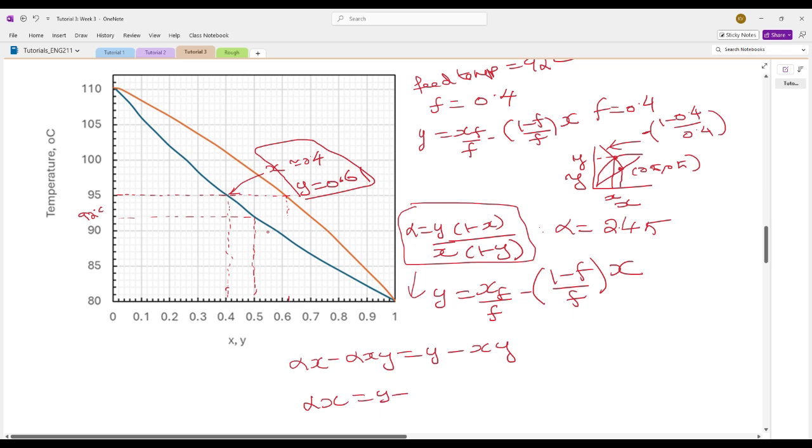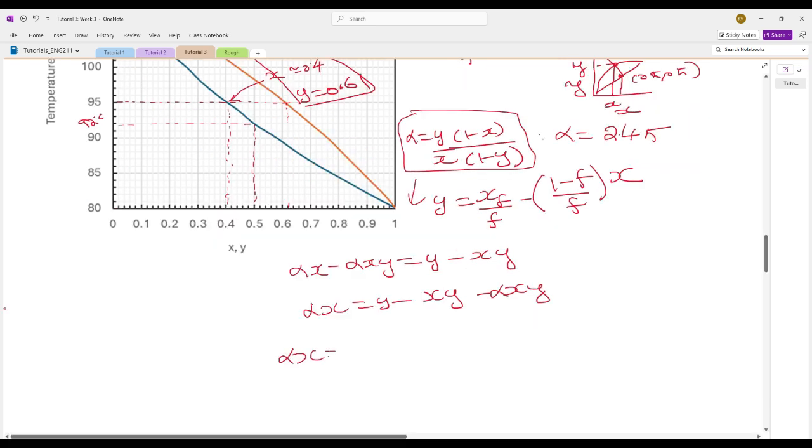So alpha x is equal to y minus xy minus alpha xy. So alpha x is equal to y minus x minus alpha x. So y is equal to alpha x divided by 1 minus x minus alpha x.